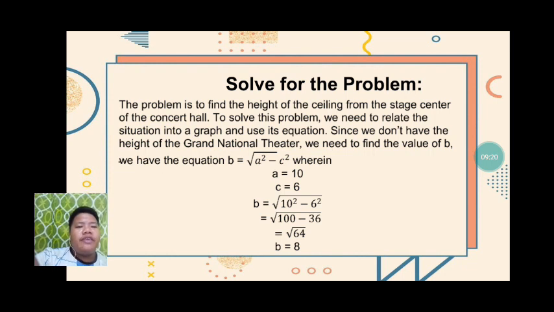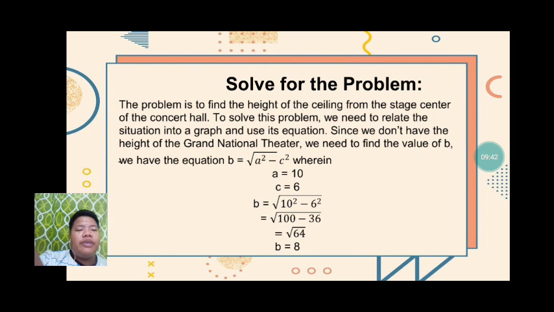Since we don't have the height of the Grand National Theater, we need to find the value of b. We have the equation b is equal to the square root of a squared minus c squared, wherein our a is equal to 10 and c is equal to 6. Just directly substitute the given values.